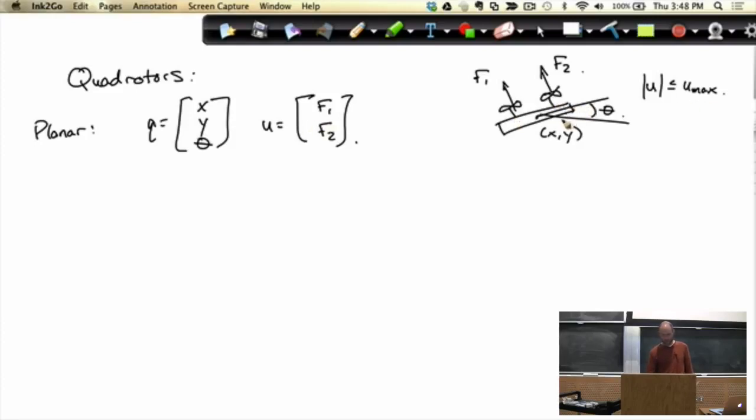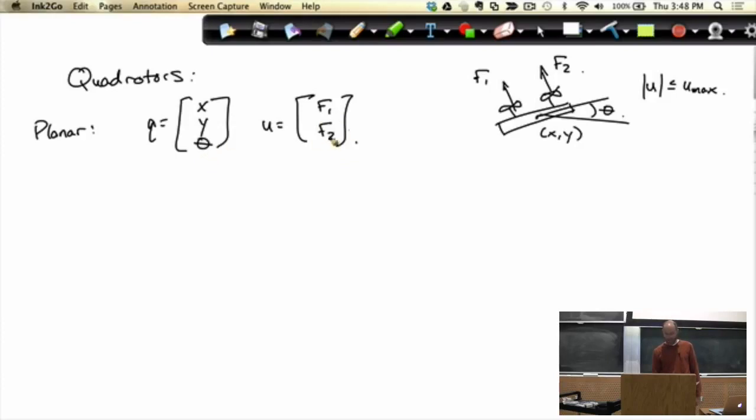They're especially limited because you can't typically suck on the air with your prop. You have a unidirectional thrust. Okay, so we can put this together. It's trivially underactuated because it's got 2 inputs and 3 degrees of freedom.